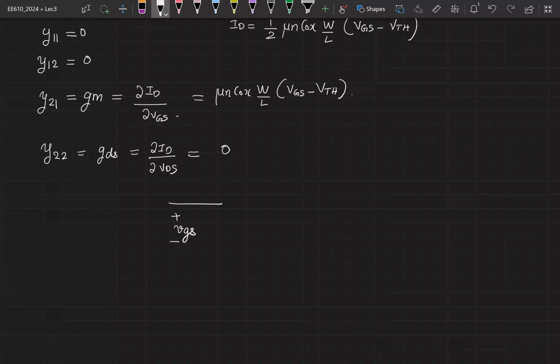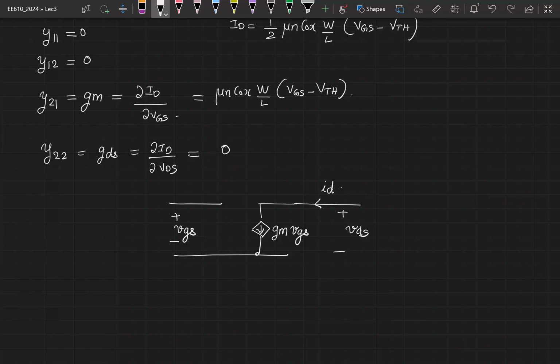We have VGS here. Y11 and Y12 are 0, so nothing is connected to port 1. Then you have GM times VGS. Anything else? That's it. GDS is also 0, right? So this is your VDS and the current flowing here is ID.